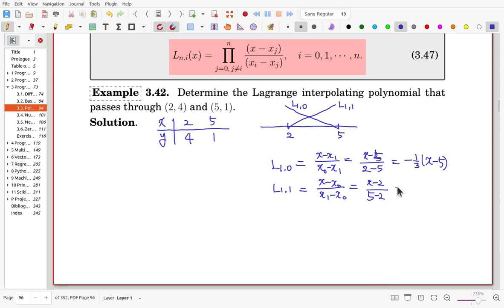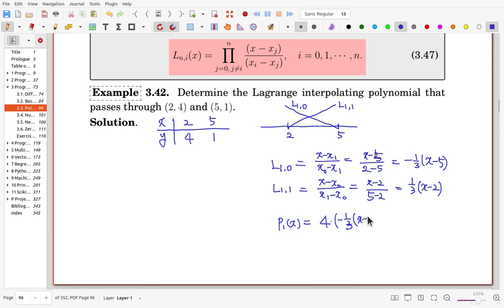So that is 1/3 times x minus 2. So here the P1, the final interpolating polynomial, is now the y value 4 times this one, that is minus 1/3.